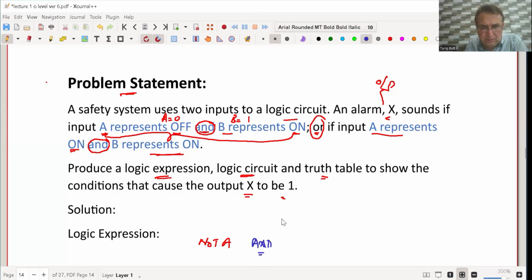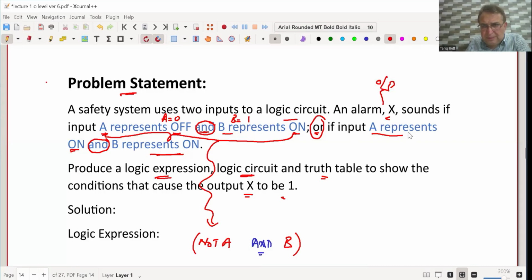I mean, you have to build a product term. B represents on. I mean, B is 1. So B is 1 means just B. So this is one sub-expression you build from here. So A off means not of A, and this AND B represents on means B is 1. So B is unprimed, or without not.